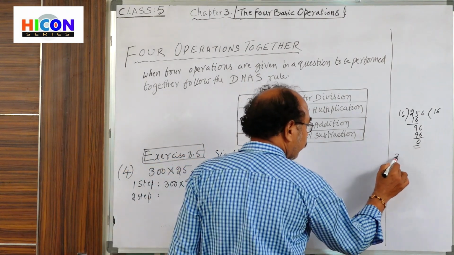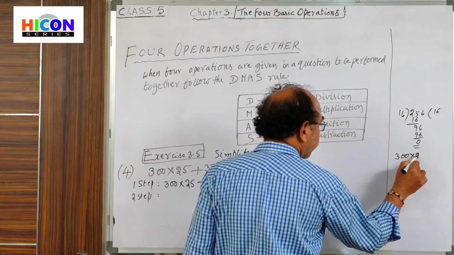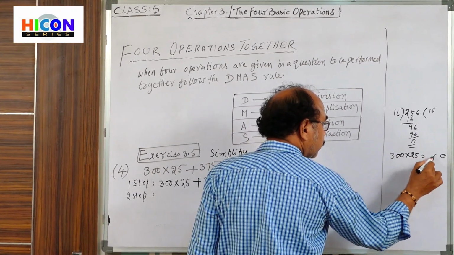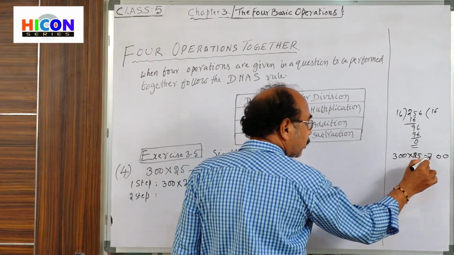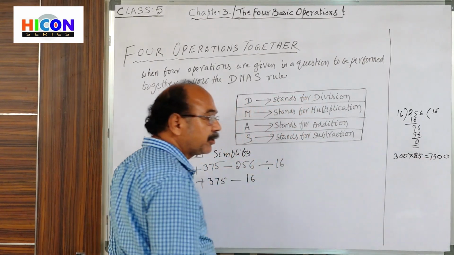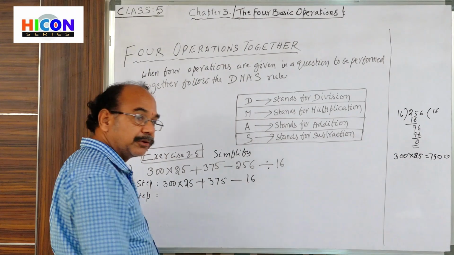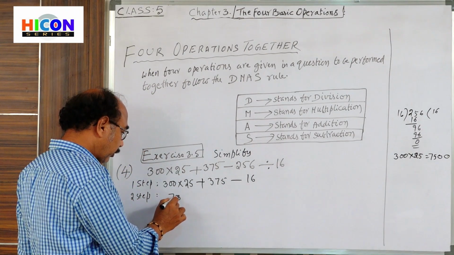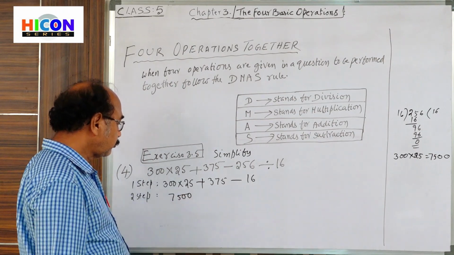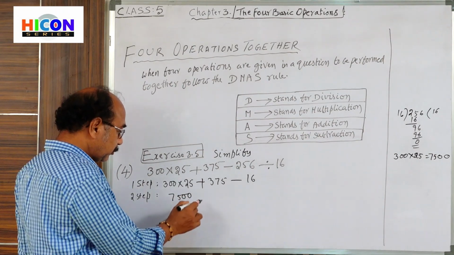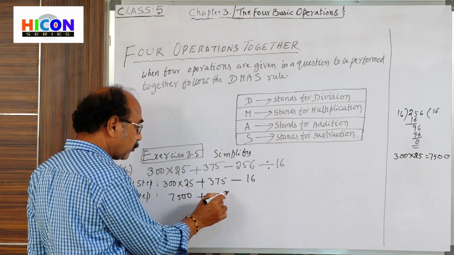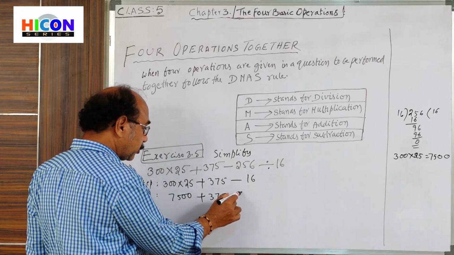See, 300 into 25. 25 0s are 0. 25 0s are 0. 25 3s are 75. 7,500. So you write here 7,500 plus 375 minus 16.